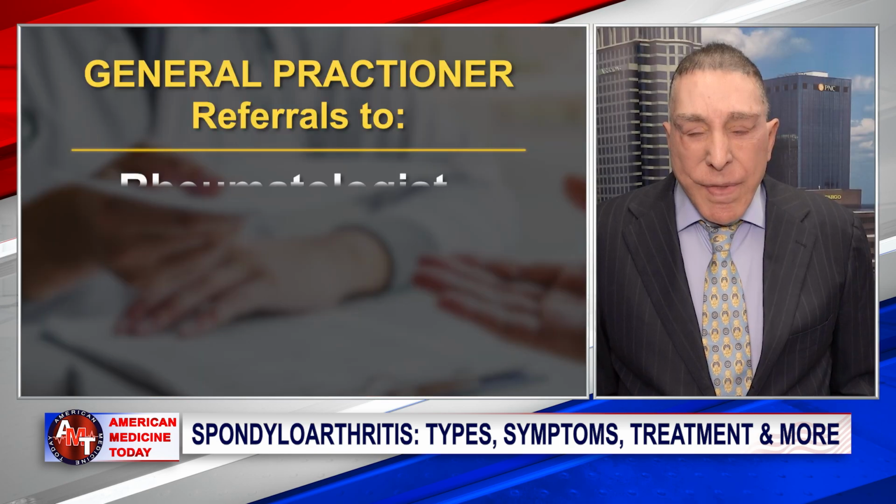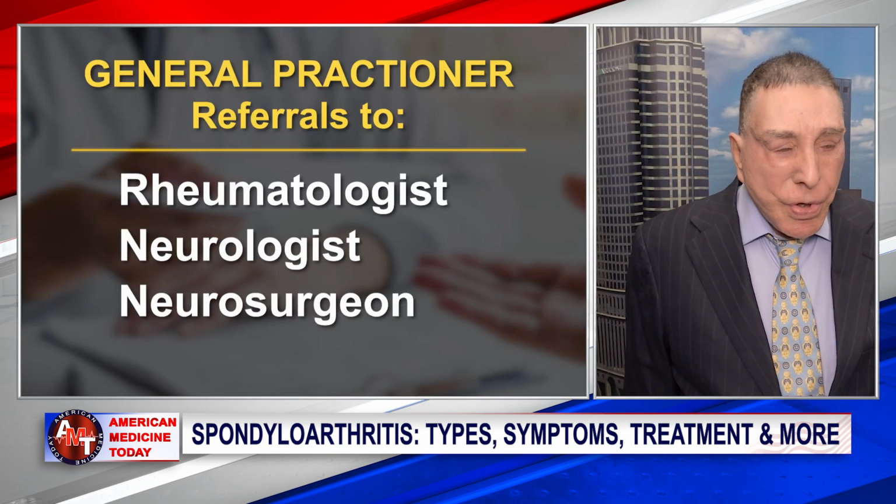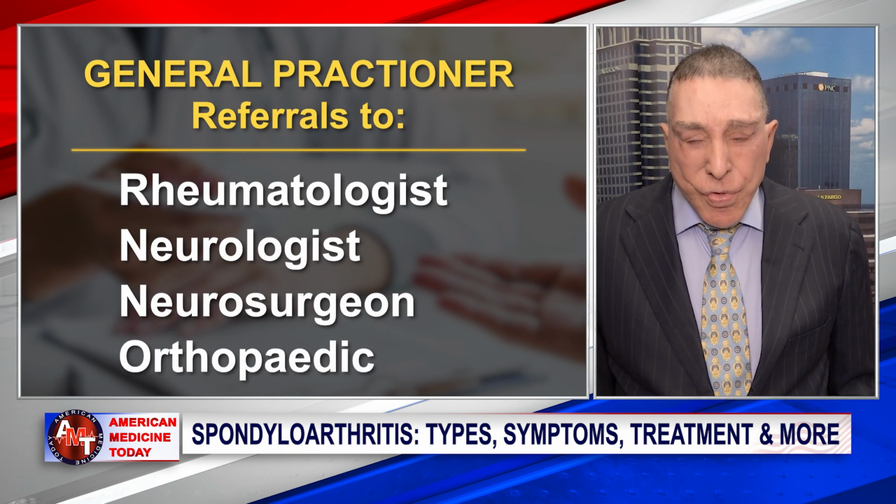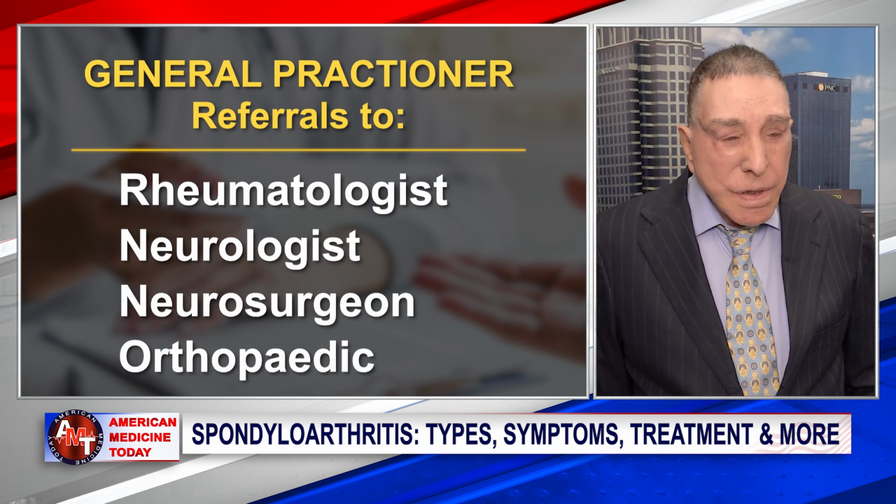Is this something where they would also send them to a rheumatologist? Well, usually when the GP gets this patient coming back and doesn't have any solution, if they think it's a rheumatological problem, they refer to a rheumatologist or a neurologist.